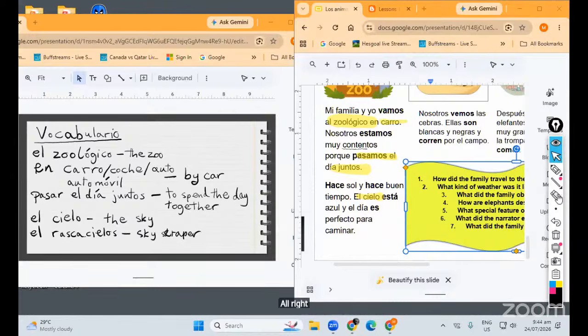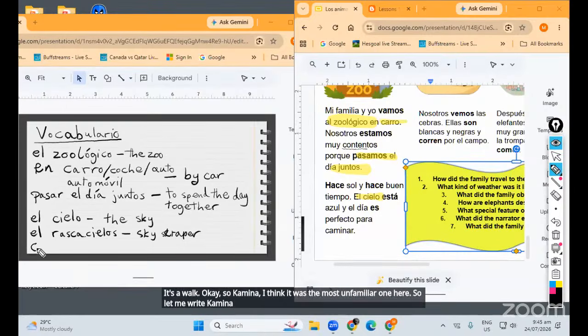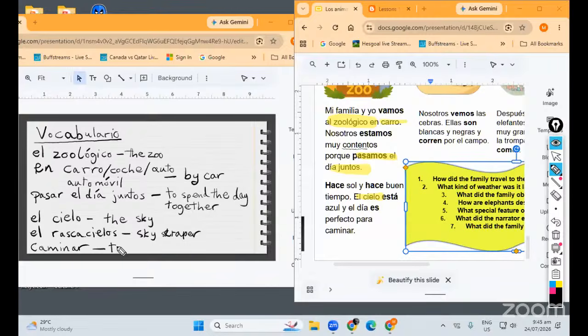All right, so I'm gonna put some verbs down. Caminar is to walk. Okay, so caminar, I think it was the most unfamiliar one here. So let me write caminar on the list. Right? But over here by the passage, I'm gonna put the others.